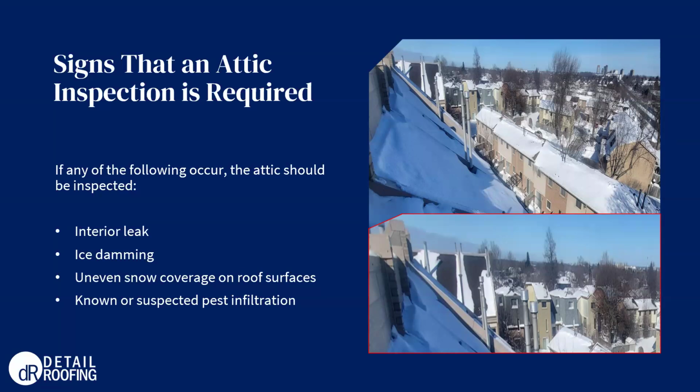And then finally, something that you can look out for, whether or not there's any ice damming or ice formation along the eaves, is when there's snow accumulation, keep an eye out for the overall snow coverage on roof surfaces.